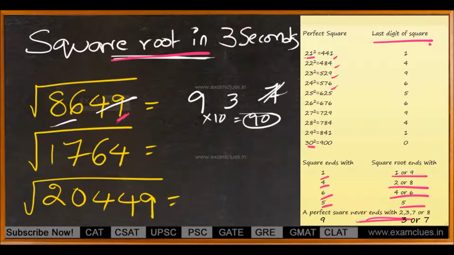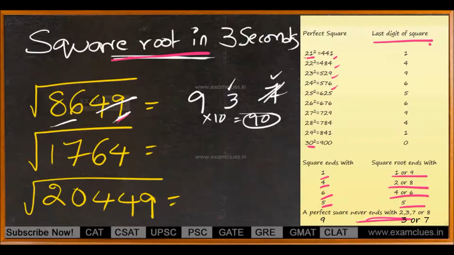I'll repeat this once. The very first step is to identify the last digit. The last digit is 9, so the answer should end with 3 or 7. Step 2 is to cancel the last 2 digits and find the remaining part, which is 86. Now identify the highest square just less than 86, which is 9 squared, so I'm writing 9 here.